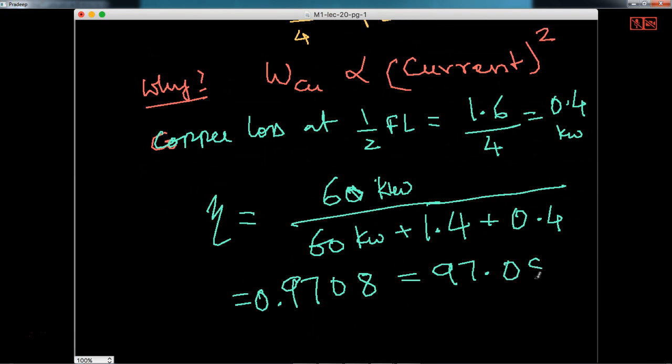So this is the efficiency of the transformer, 97.08%. So again, I hope you understood this problem. Just take a minute, go through the solution. If you have any doubts, feel free to ask.